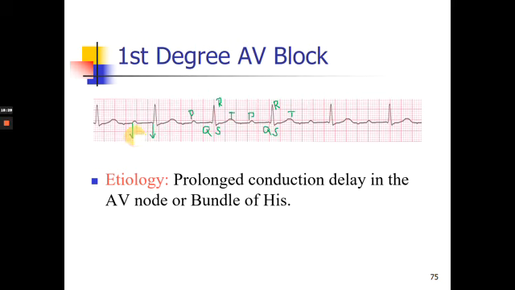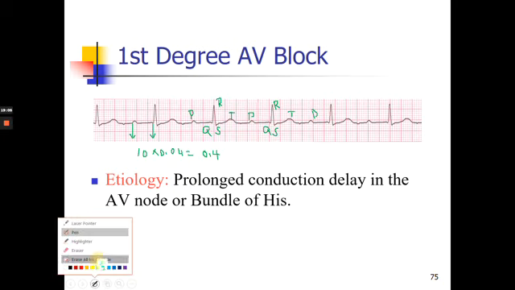The PR interval is around 5, 3, and 2, around 10 small squares. So 10 small squares by 0.04. Each small square is 0.04. This means that the PR interval is 0.4, which is more than 0.2. But each P here is followed by QRS. So this is first degree heart block.